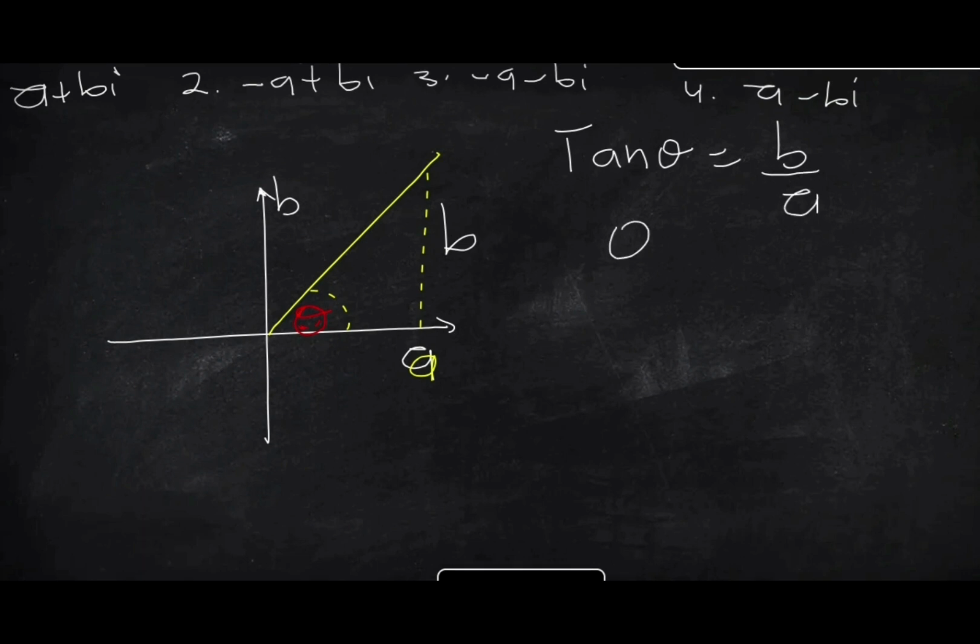Therefore our theta equals tan inverse of B over A. Because this angle lies in the first quadrant, the value you get after computing, that is your answer.